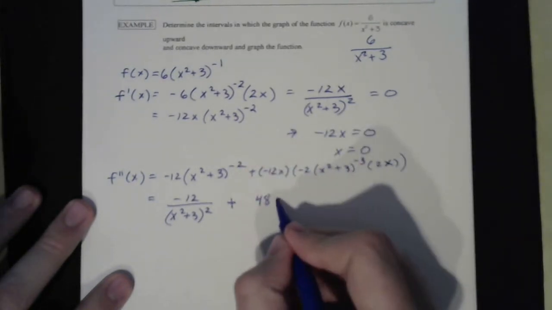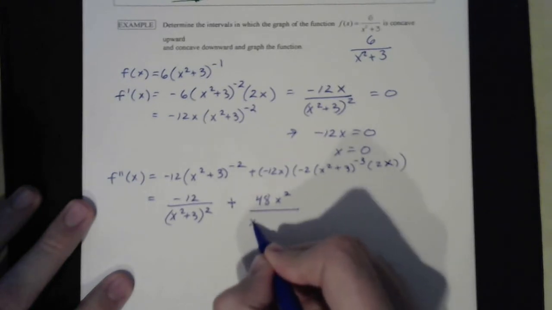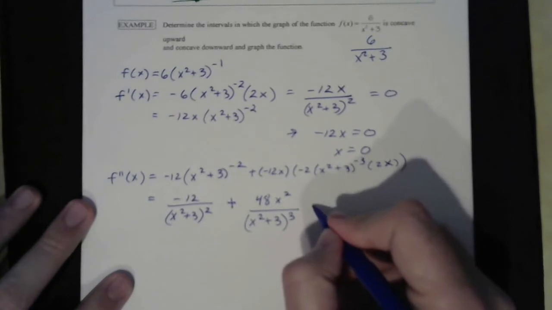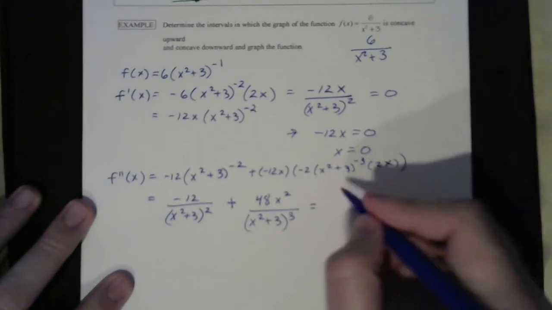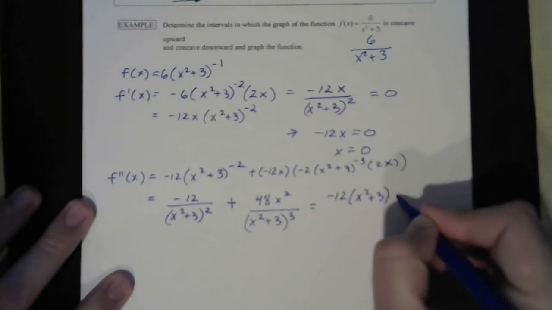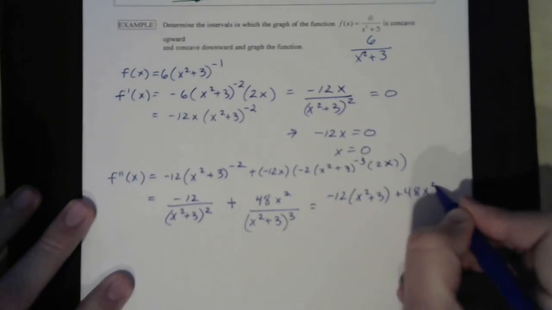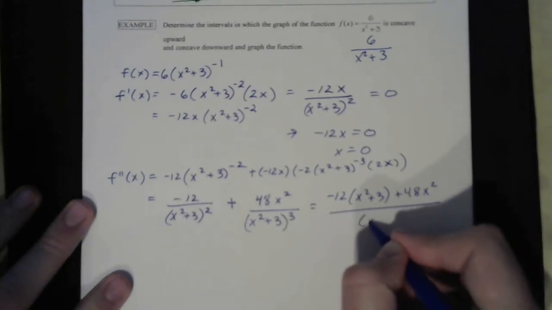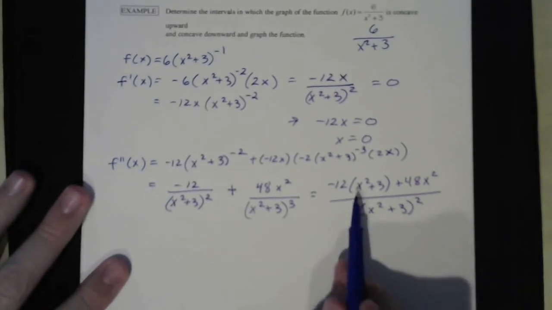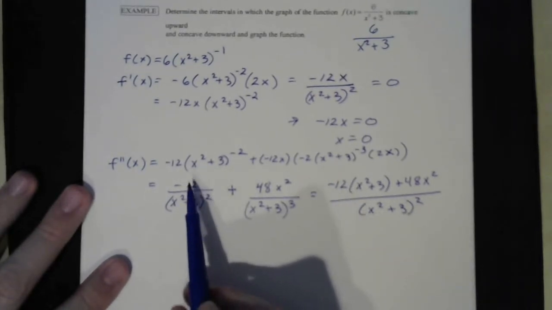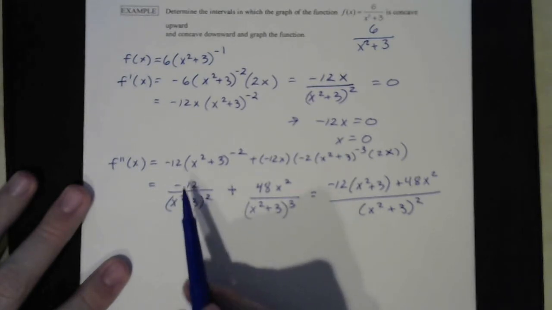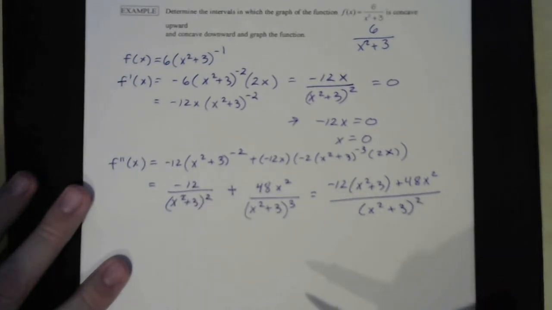X times x gives us x squared, and this is over x squared plus 3 to the third. And then this is going to be negative 12 times x squared plus 3 plus 48x squared all over x squared plus 3 squared. So all I'm doing here is multiplying this term, this fraction, by an extra copy of x squared plus 3 to get my common denominator and be able to add it.